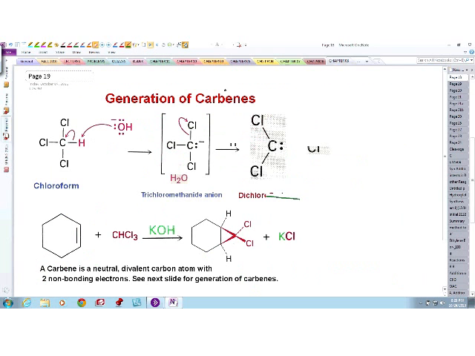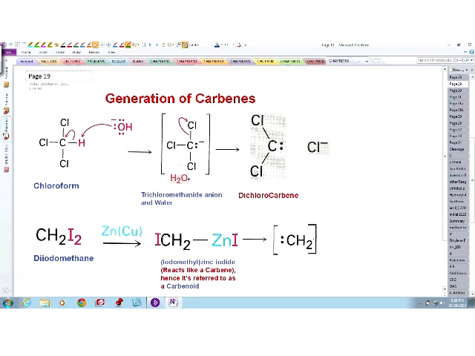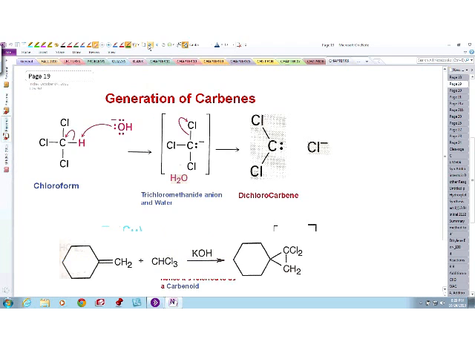Let's look at a few more examples. Okay, this is how the carbene is formed, but you don't need to worry about that.